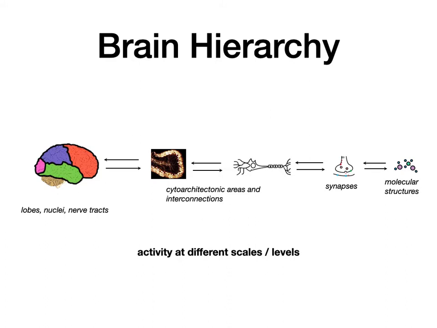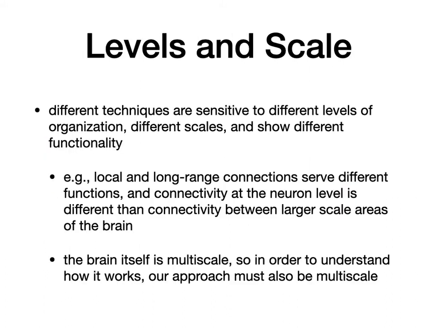So you never measure all of these at once. No tool is really going to do that. So the idea is that we need to ask questions about what's happening at different levels so that we can then make sense of more of what's happening in the brain. Again, different techniques are going to be sensitive to different levels of these organizations, of these different scales, to show different functions.